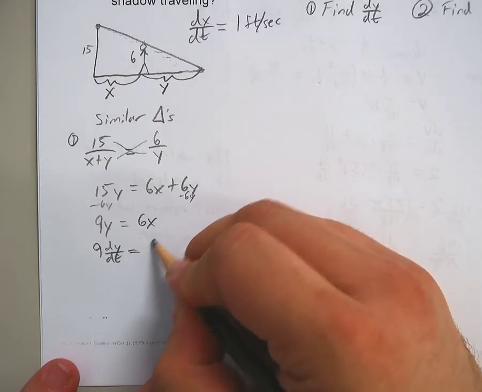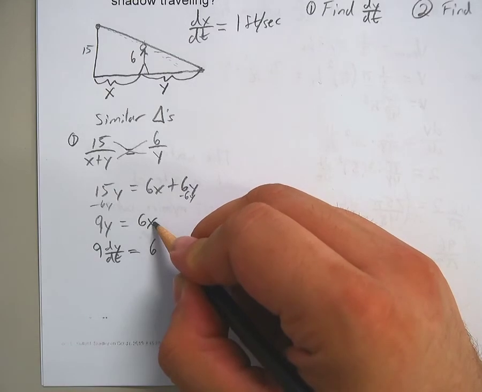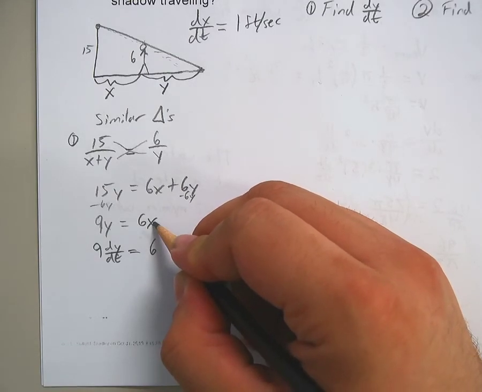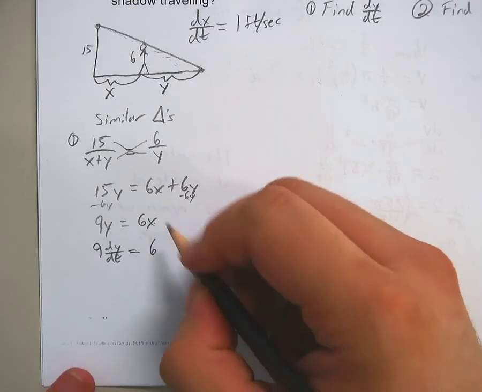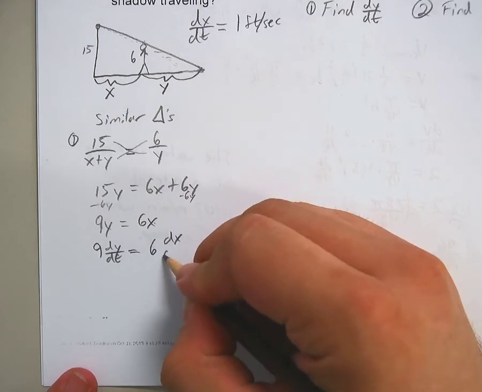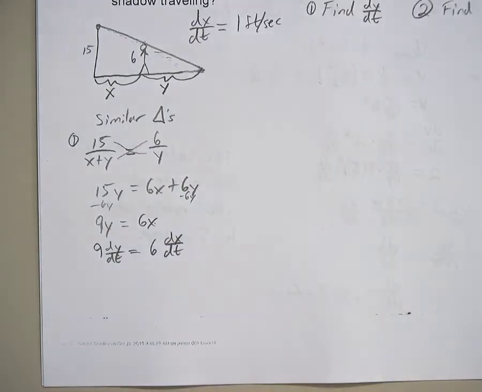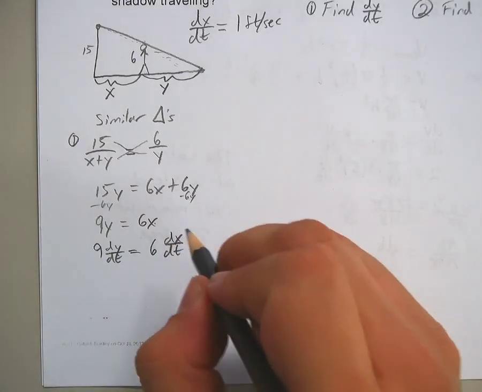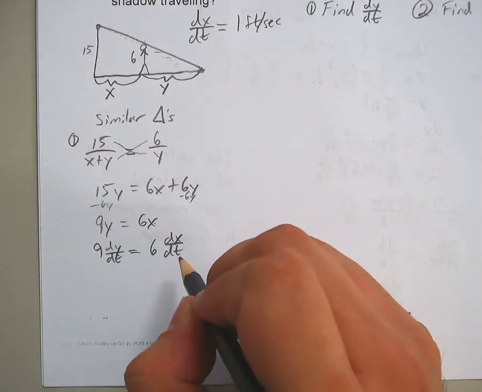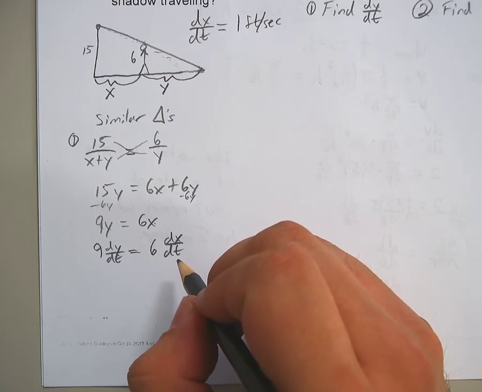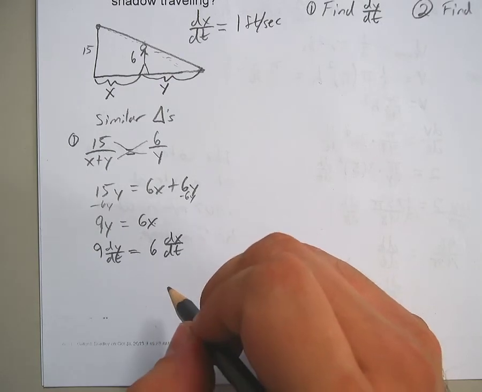And then 6, but notice this is not just 6 because it's x with respect to time. This is dx dt. I'm taking the derivative of x with respect to t. Interesting.